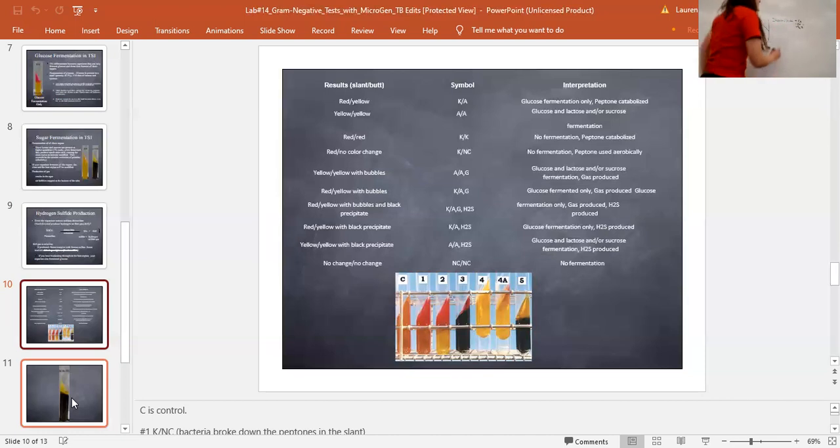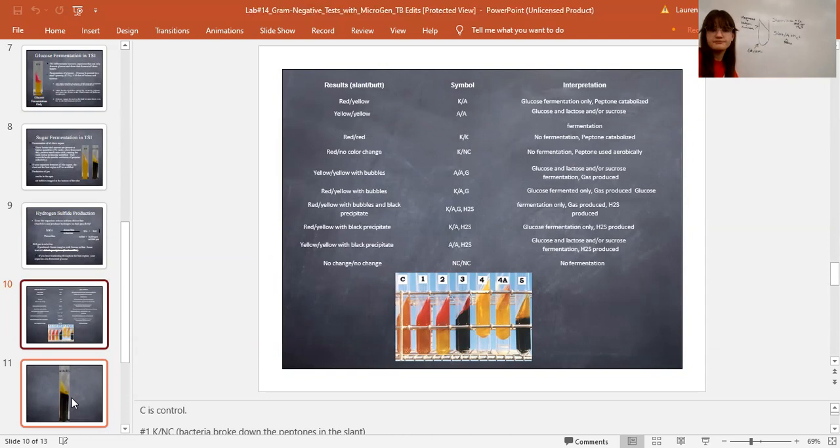So if there is H2S production, no matter what, it's going to be the slant color, then / A because of that yellow butt, plus H2S. That's how it's always going to be: A is going to be here, H2S is going to be here. The only difference is that sometimes the slant can be different, or you can have other gas production.